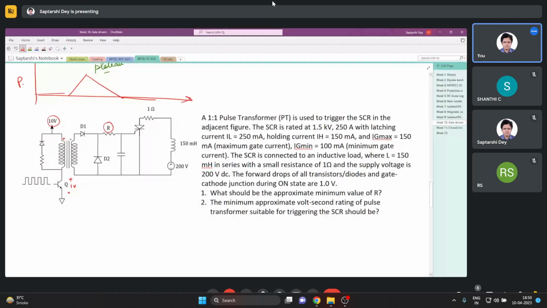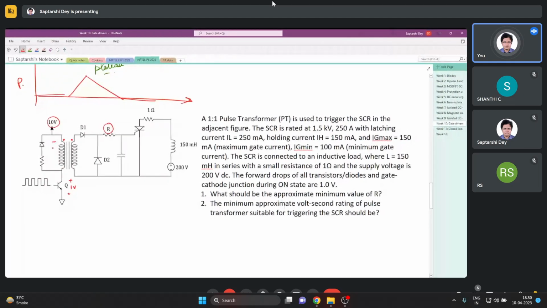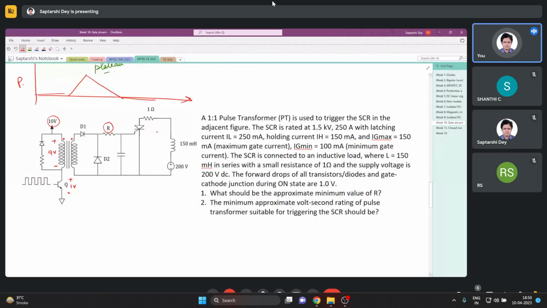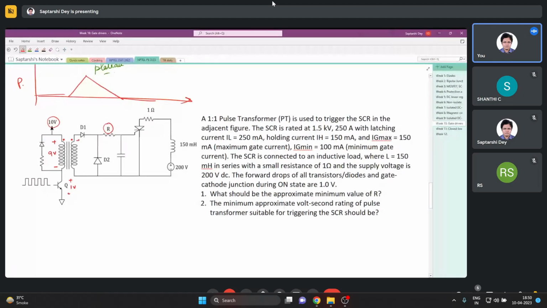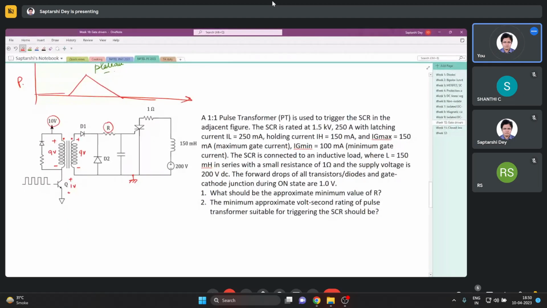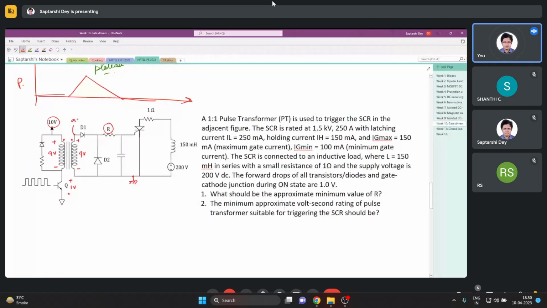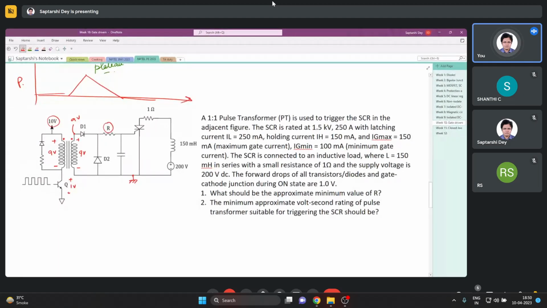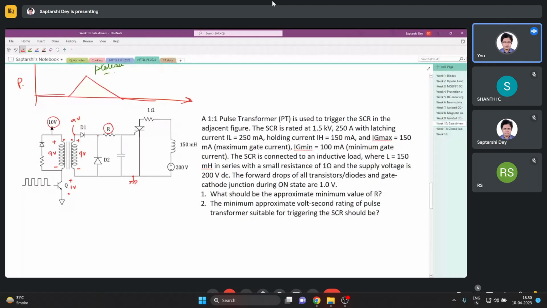So what we have is 9 volt. Now it's a 1:1 transformer, so 9 volt. So if I talk in terms of this ground, then this is at 9 volt, and another 1 volt drop here in diode D1, so this is at 8 volt.